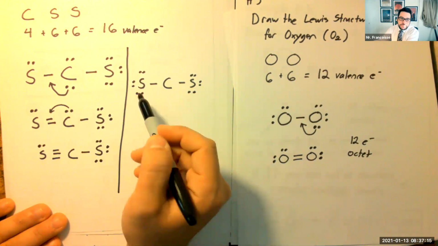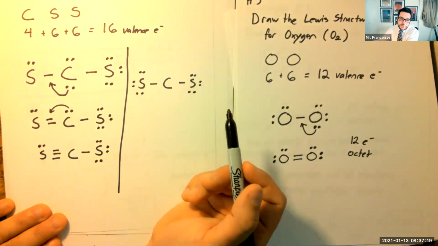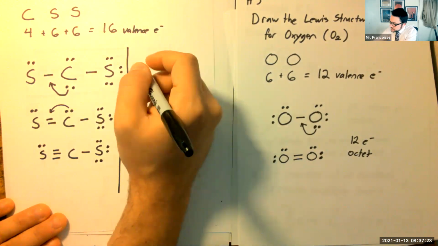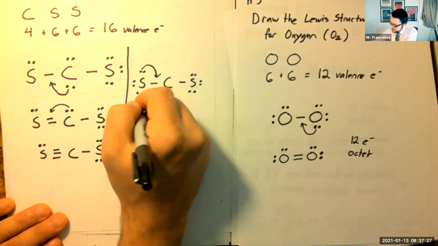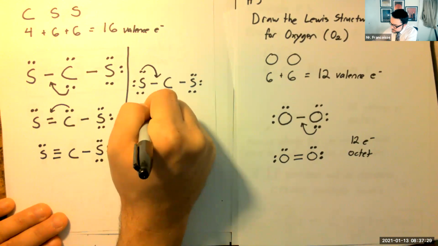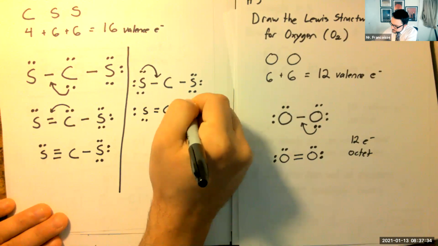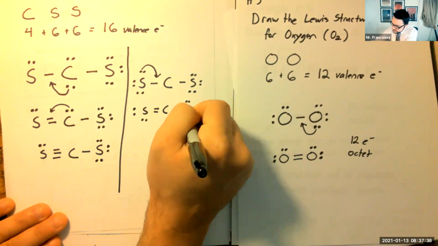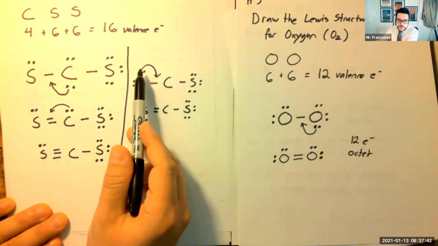We'd have the same problem. 2, 4, 6, 8, 10, 12, 14, 16 electrons. So we'd have to share electrons. So we'd move electrons in here. So now we made a double bond here because those electrons have moved down.